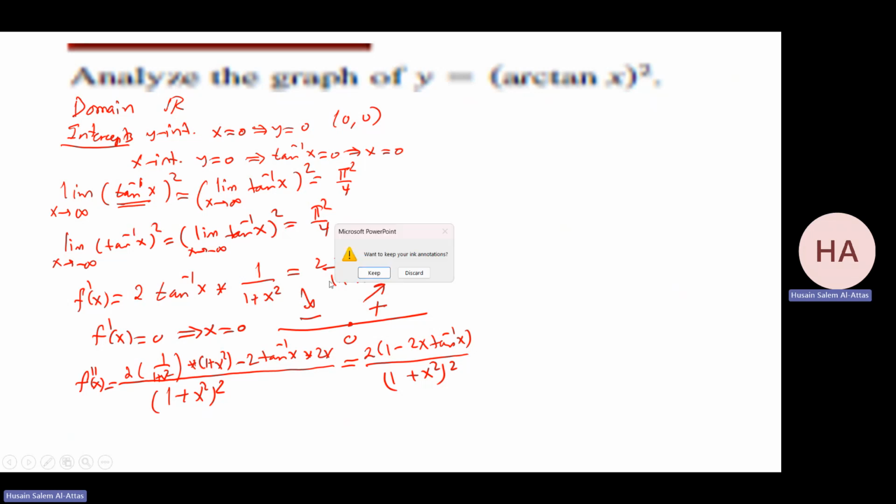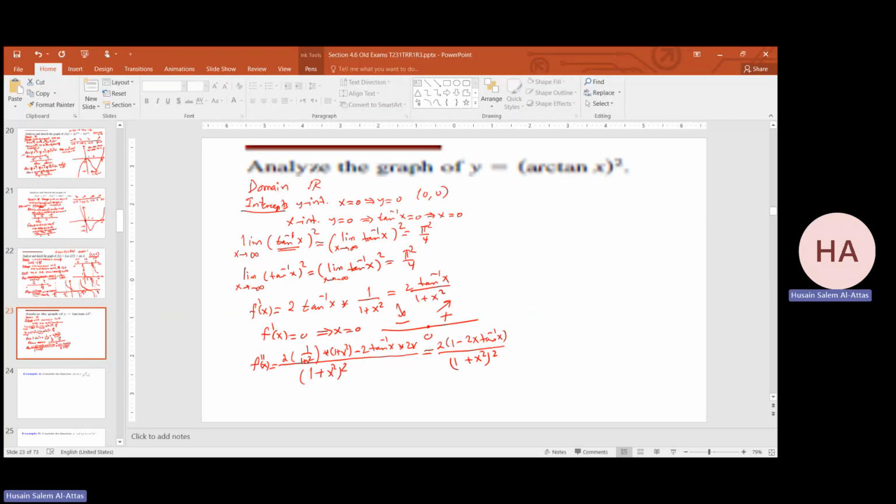Which is not easy to solve. I don't think it's an easy equation to solve, so you need to approximate it. If you approximate it, then x equals plus or minus 0.765. I get this from the book.